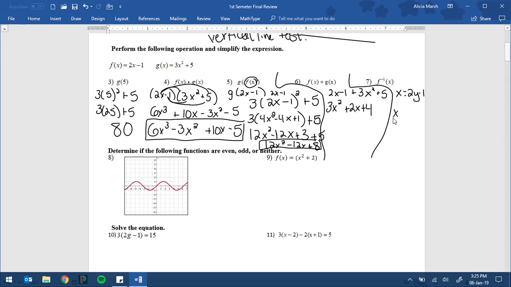So I'm going to add 1, x plus 1 equals 2y. Divide by 2. Like that. Now I'm going to finish my write-up. f inverse of x is equal to x plus 1 over 2.